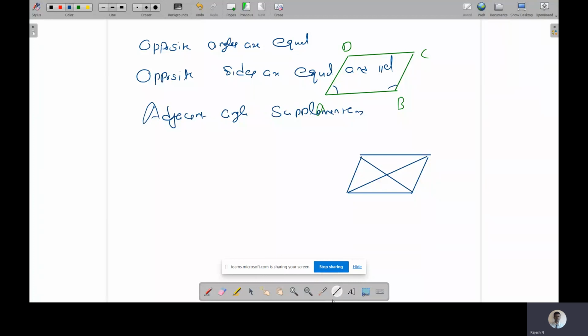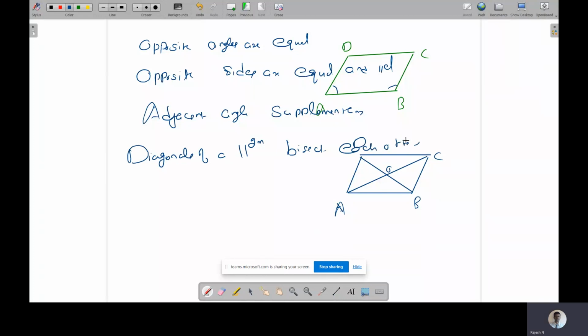Another property is here. Diagonals of a parallelogram bisect each other.